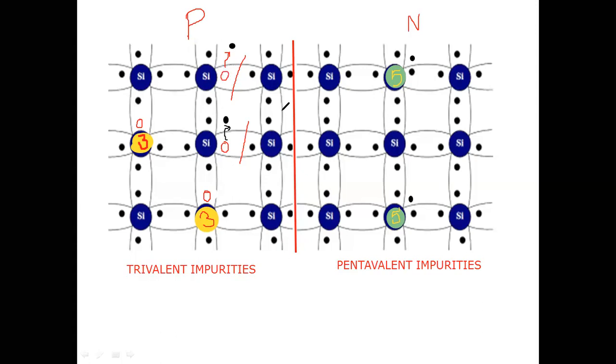Means what is happening? These electrons are taking the energy which I have applied and moving from the valence band to the conduction band.